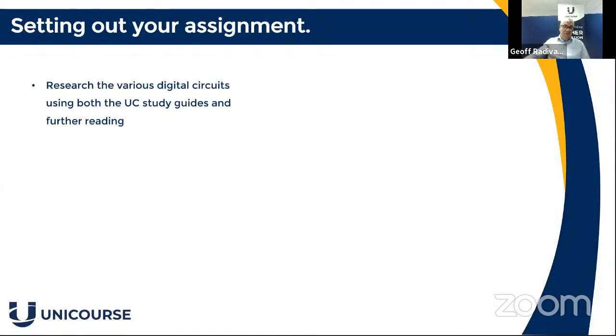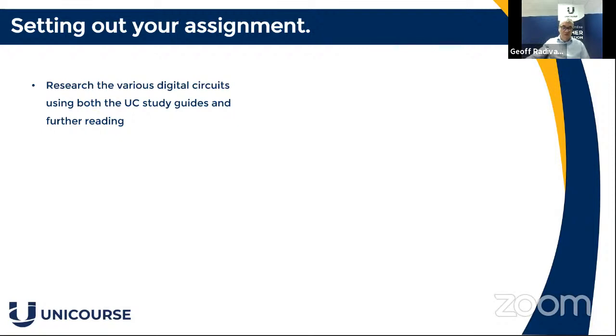So setting out the assignment. Looking at each of the questions, I would recommend you draft out each of your answers. So you need to research the various digital circuits. You can use UniCourse study guides and further reading, All About Circuits, quite a few very, very good websites.